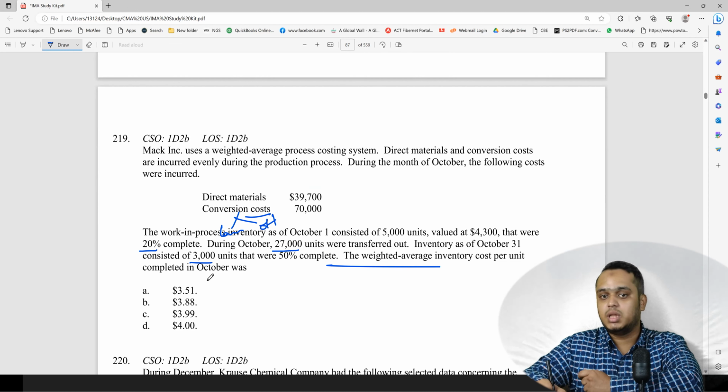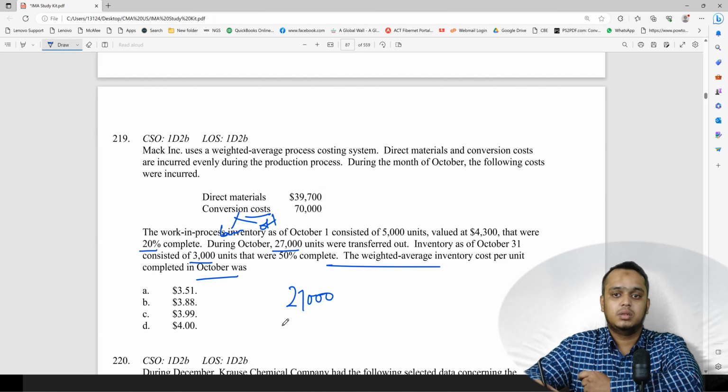Now, he's asking about the month of October. So 27,000 plus 3,000, which is 50% complete as of the ending inventory. 27,000 transferred out, fine. 3,000 remained, which was 50% complete. So 50% of 3,000 is 1,500.